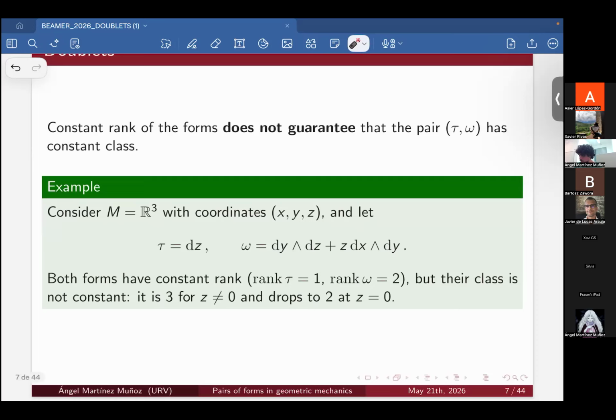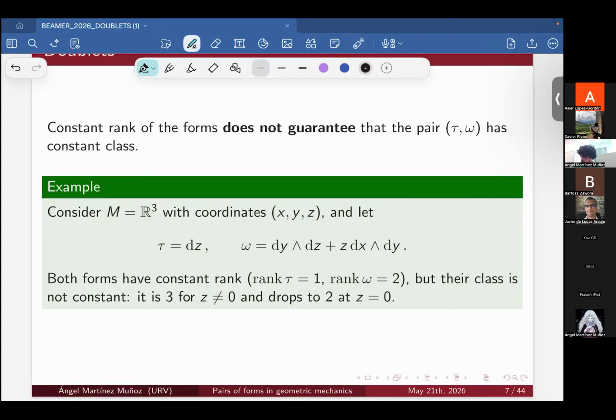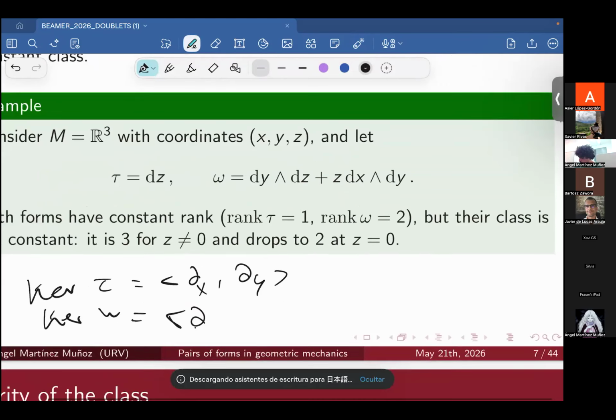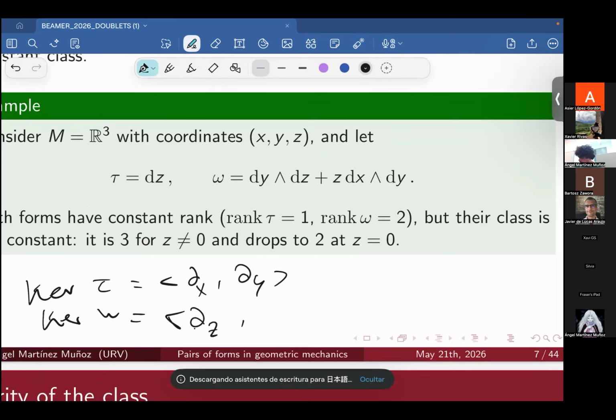So for example, if we consider R^3 with the usual coordinates x, y, z, we can take tau equal to dz and omega to be this. If we calculate the kernels of these, you have this kernel here, and for omega, the kernel is generated by minus z partial x, right?